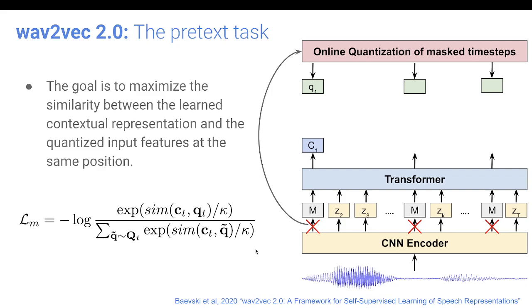The denominator contains the positive sample plus k other negative samples that are chosen from the same utterance from other masked positions. In this picture, they are the other green boxes on the right. So Q1 and C1 are the positive pair, and then we have a bunch of negatives that we sample from other masked positions in the same utterance.